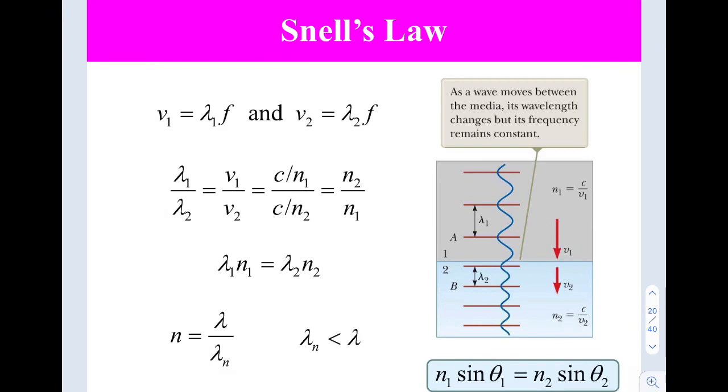Why must the frequency be the same? Because the frequency with which the wave passes an observer at point B in medium 2 must equal the frequency at which it passes point A. If this is not true, the energy will be piling up or disappearing at the boundary, and we know this is not going to happen because energy must be conserved.